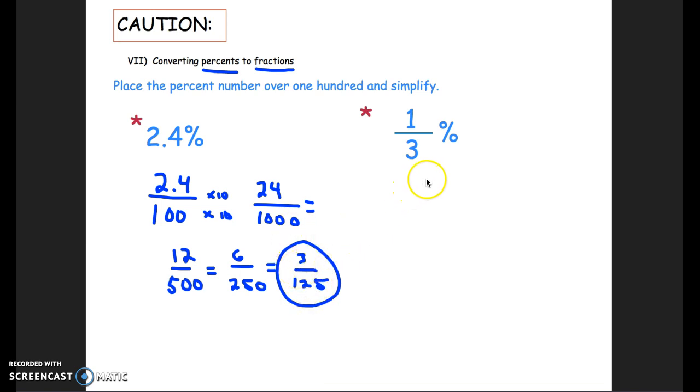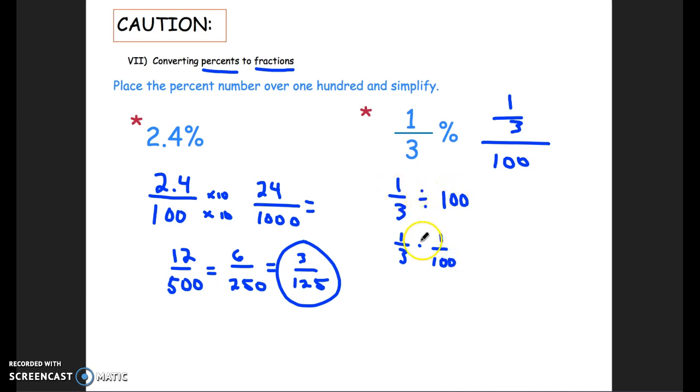Okay, this next one's a little bit trickier, but if you watch carefully, you'll see something that happens. 1/3% is the same thing as 1/3 over 100, which is the same thing as 1/3 divided by 100, which is the same thing as 1/3 times 1 over 100.